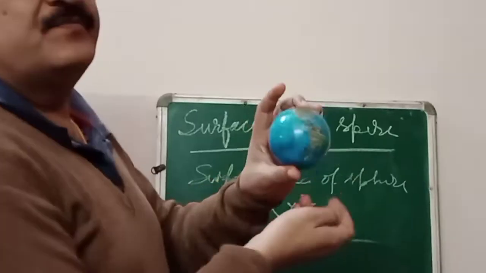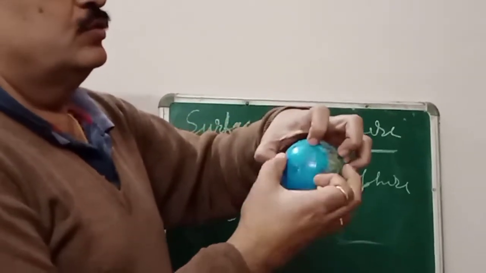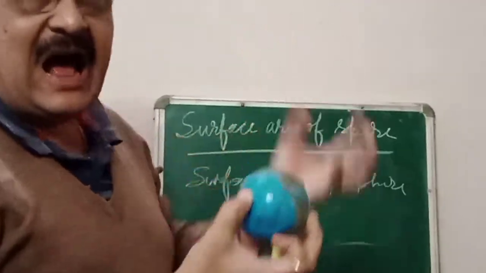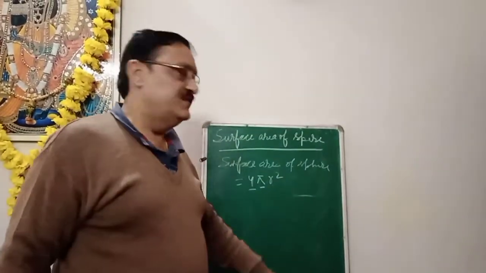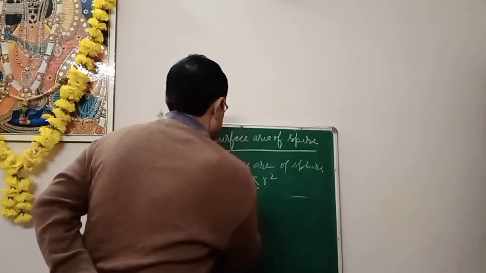If we make two half spheres, then that half portion of the sphere is called a hemisphere.